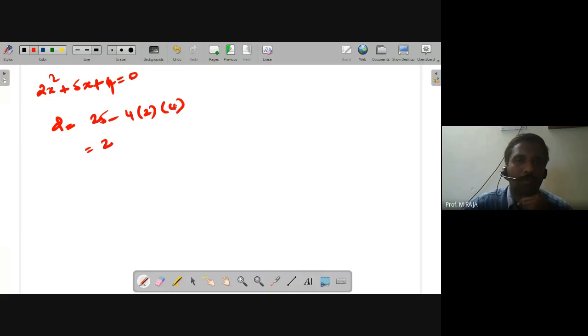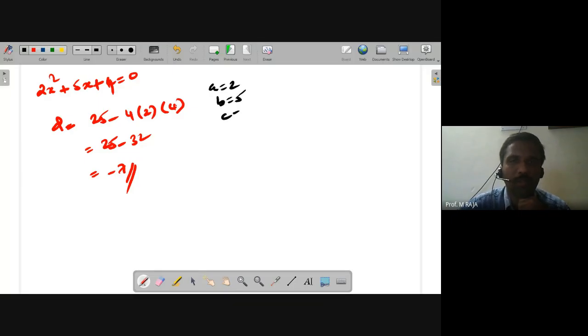And now what happens? 25 minus 8 into 4, 32. So D is equal to minus 7. Having this, a is equal to 2, b is equal to 5, c is equal to 4.